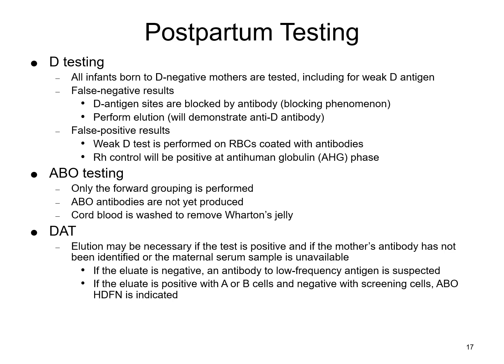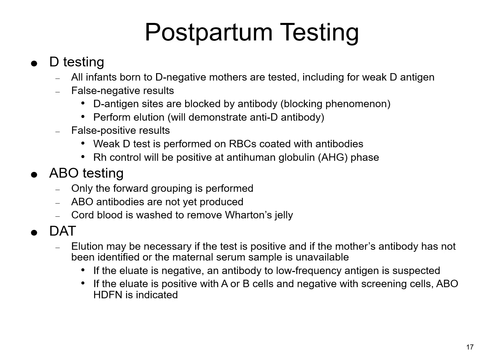Your DAT testing, if it is positive, elution may be necessary, because that means that something has coated those infant cells, whether it's mom's antibodies, which we don't know what they are yet, or you might have to do some additional testing with mom's antibodies. But basically we need to be able to figure that out.